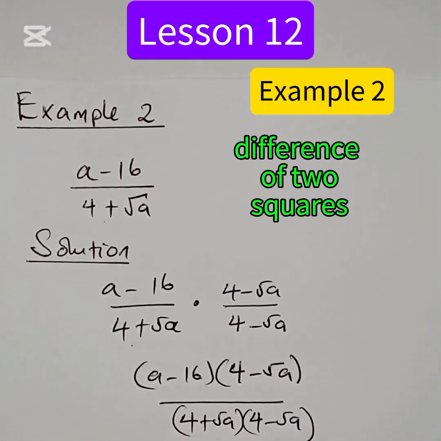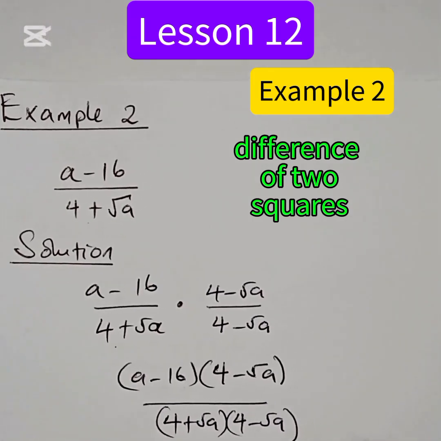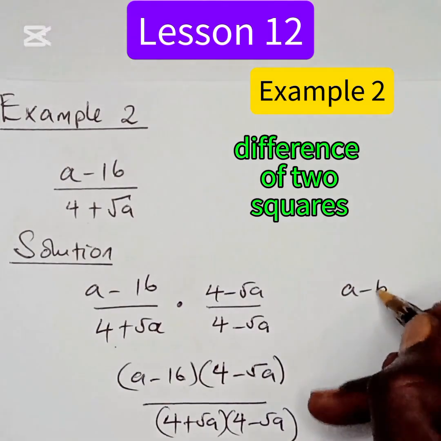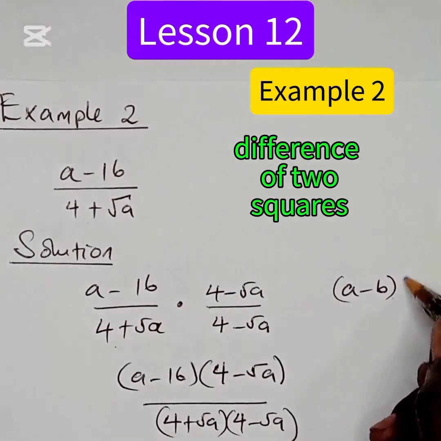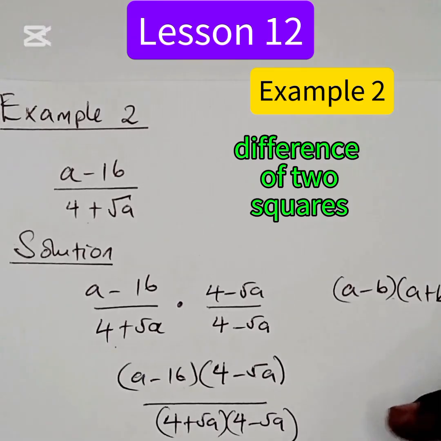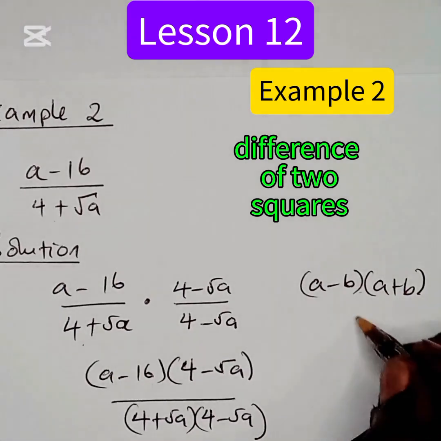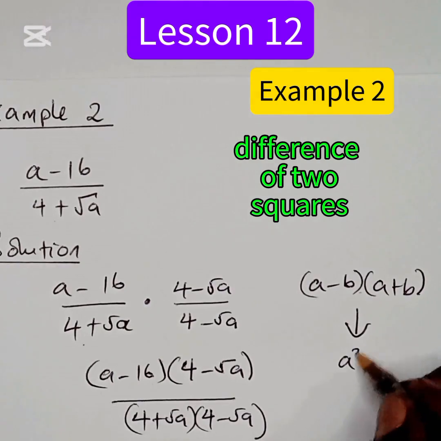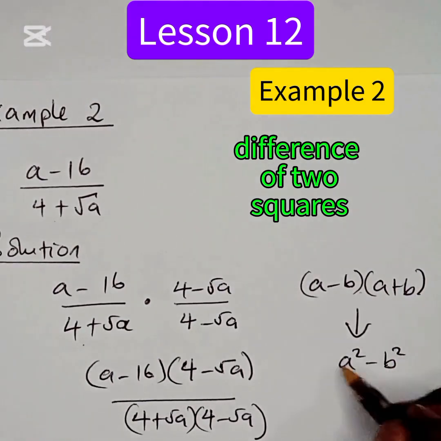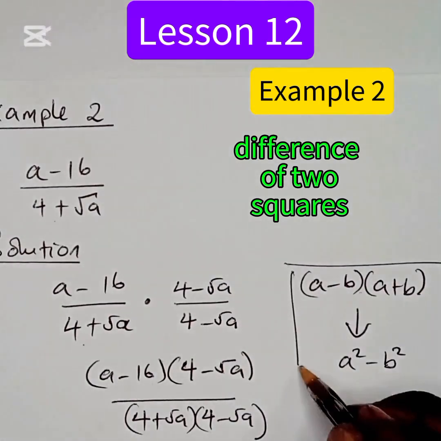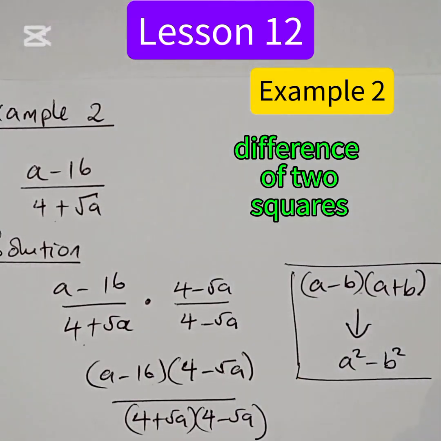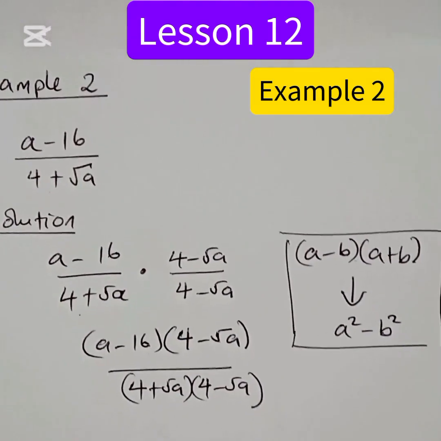But from the difference of 2 squares, we say a minus b multiplied by a plus b is going to give us a squared minus b squared. That's the difference of 2 squares. So we are going to apply that on the denominator.